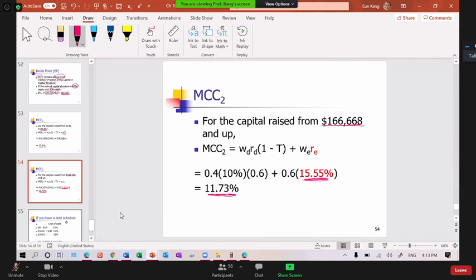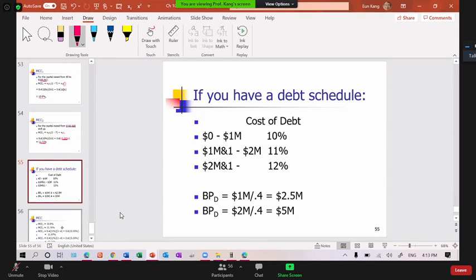But if you have a debt schedule, then it's like this. If you borrow up to 1 million, this is less risky, so the cost of debt is 10%. But from 1 to 2 million, it's 11%. And 2 million and above has become more risky, right?